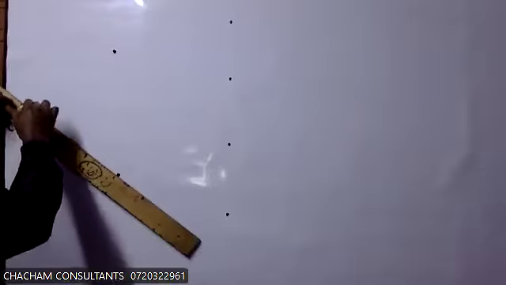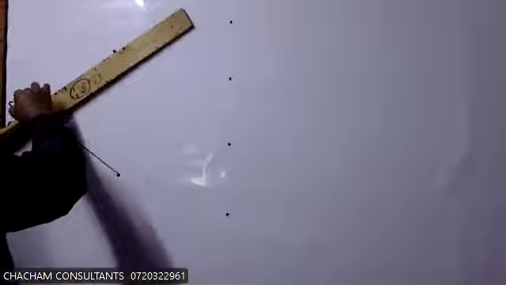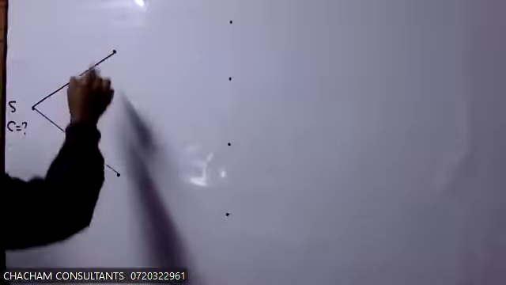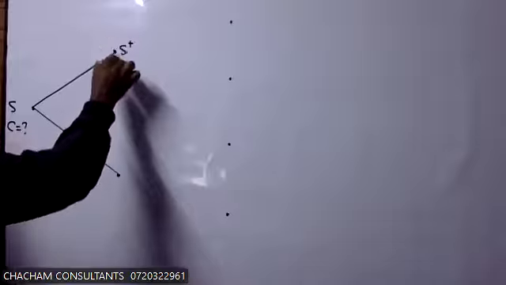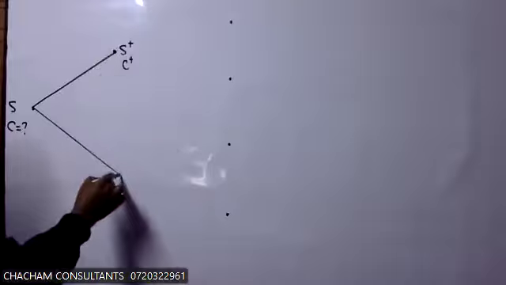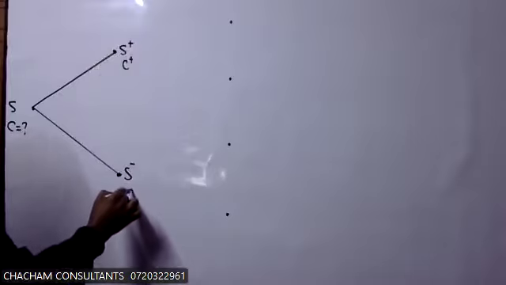So this is after one period. We move here and we move here. So here ndio tumesema it will be S plus and C plus. Na hapa it will be S negative and C negative.